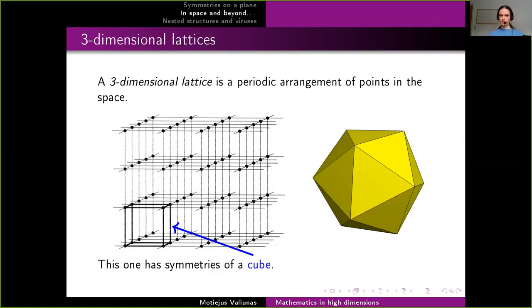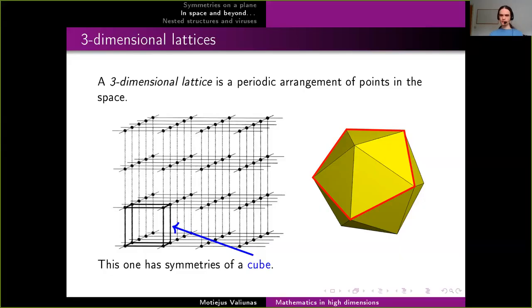So here, it turns out that it's not that easy. In particular, we have a pentagon here on the icosahedron, and this is basically what ruins things in 2 dimensions. In 2 dimensions, we saw that we couldn't have any lattice with the symmetries of a pentagon.